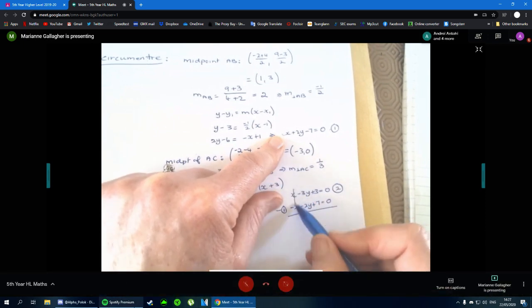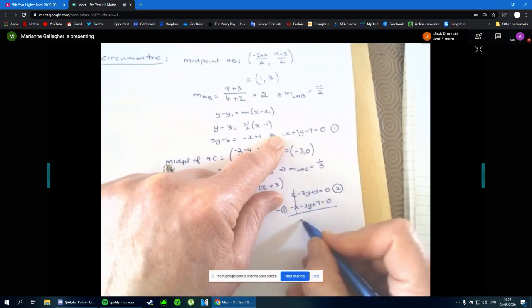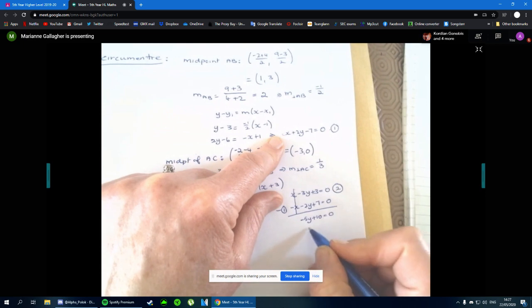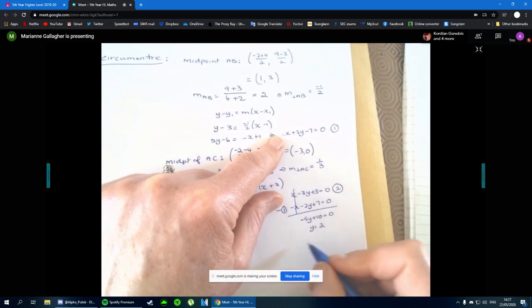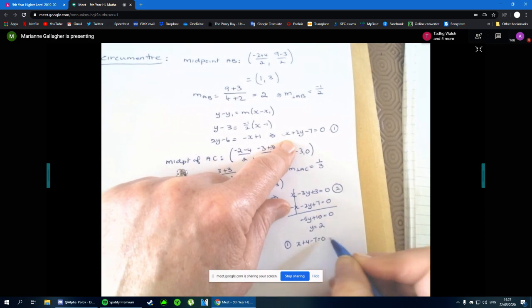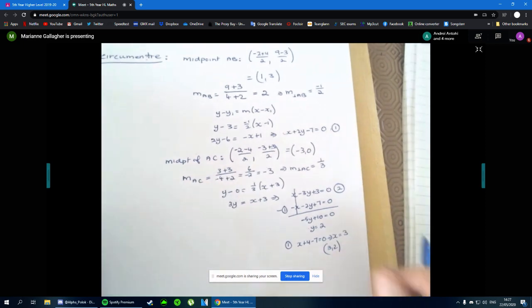And then x minus x cancels, minus 3 minus 2 is minus 5y plus 10 equals 0. So minus 5y is minus 10, so y is equal to 2. And then I sub that in here. So equation 1 would give me x plus 4 minus 7 equals 0. So that means x is equal to 3. And the point 3, 2 is the circumcenter of my triangle.